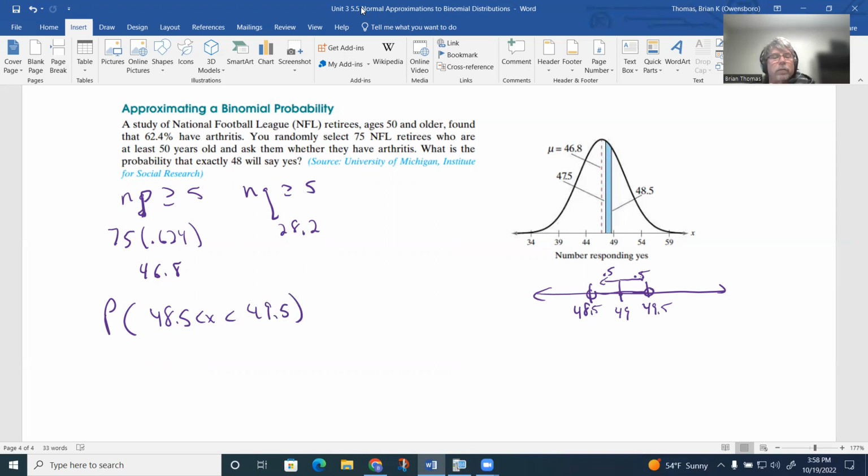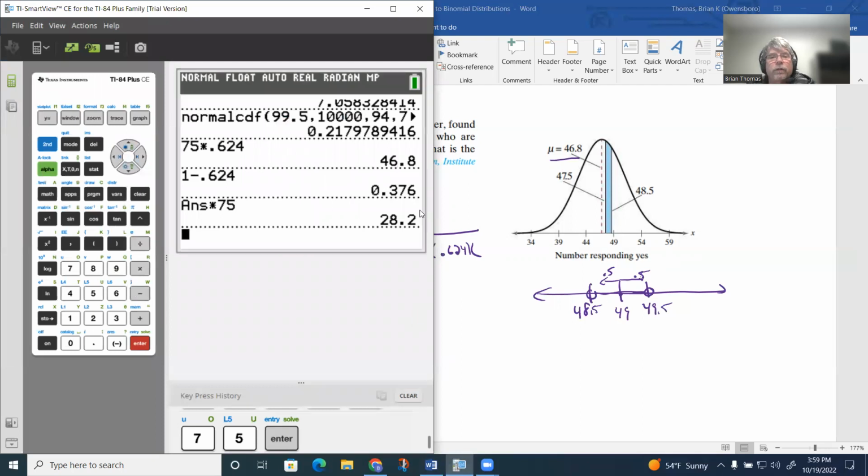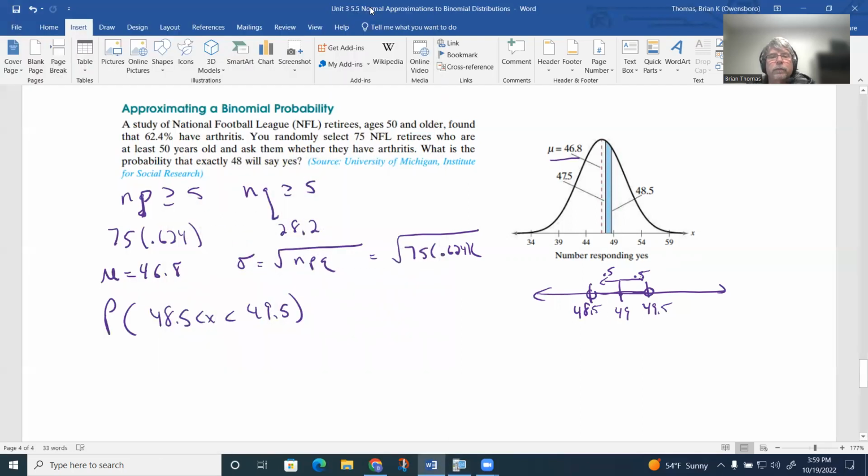Notice we do have our mean here, the 46.8, but we still need to do the standard deviation. So sigma is going to equal the square root of n times p times q, which would be the square root of n, which was 75, times 0.624, the successes, times the other number, 0.376, the failures.